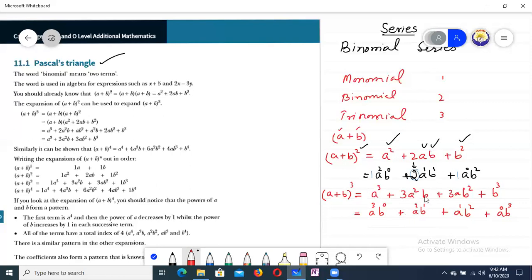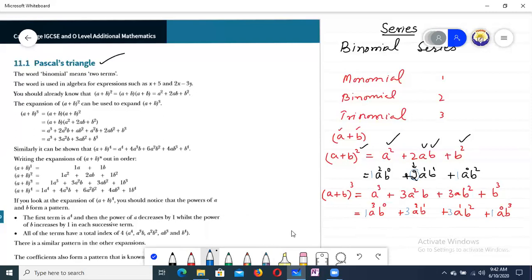Here a square as it is, b raised to the power 1 as it is, a raised to the power 1 as it is, b square as it is, a raised to the power 0 is 1, 1 into b cube is b cube. Same thing. Only the coefficients remain. Here the coefficient is 1, here 3, here again 3, and here 1. But how can we get these coefficients? This we will learn with the help of the Pascal triangle.